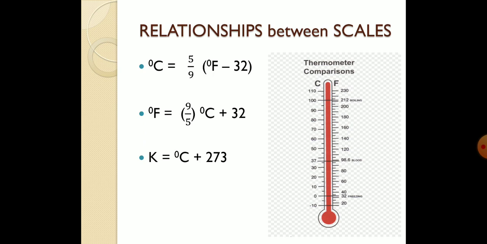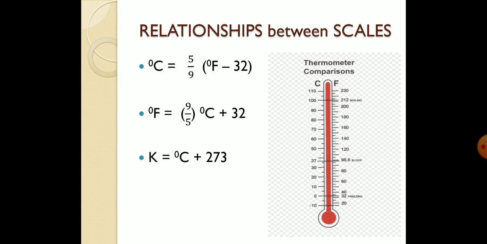Now, what is the relationship between the scales? We are going to talk first about the degree Celsius and the degree Fahrenheit. Degree Celsius is 5 by 9 of degree Fahrenheit minus 32. When the Fahrenheit is given, we have to find it with this formula. We can convert the Fahrenheit to the degree Celsius: 5 by 9 into degree Fahrenheit minus 32.